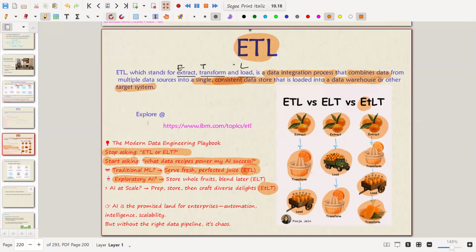This is the word I wanted to tell. AI is of course the promised land for enterprises, for automation, for intelligence and for large scalability. Now, in many growing companies and startups, in the background they usually use GPT, the full version of GPT, in the back end.